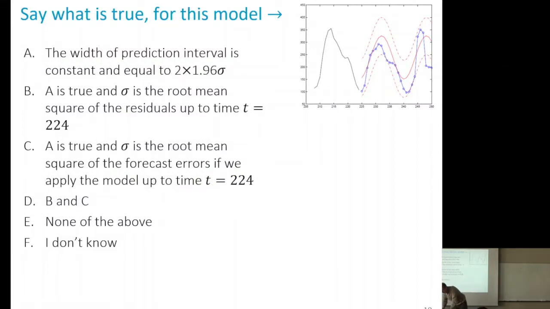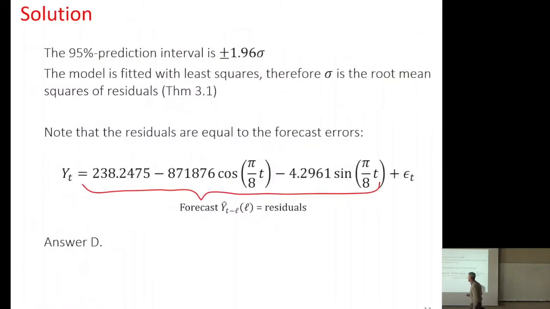To see why, it's sufficient to have the formula in front of your eyes. If we believe in this model, and if we apply this model backwards in the past, then an interesting feature of this model is that the term that is constant, that doesn't have a random variable, is also the forecast we would make if we stopped everything before time t.